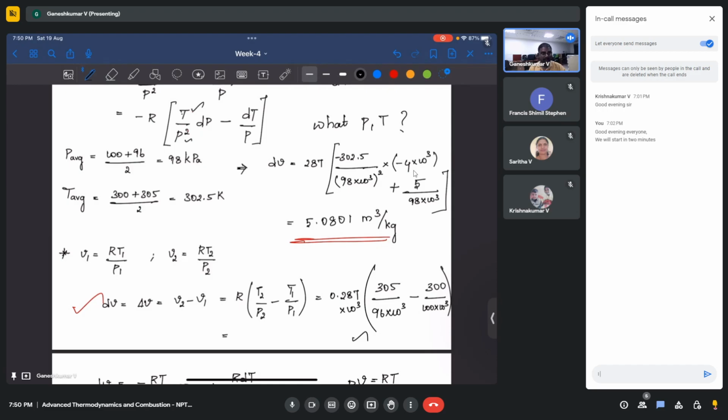Can you calculate it for, let's say, 4 decimals, 300 divided by 96 into 10 power 3... 100 into 10 power 3. So I am getting something like 5.0823 meter cube per kg.